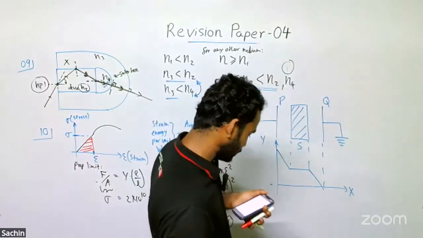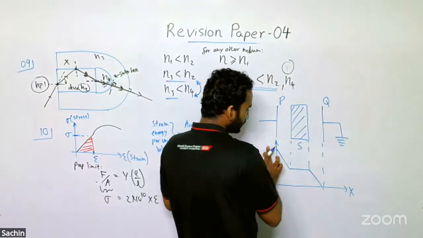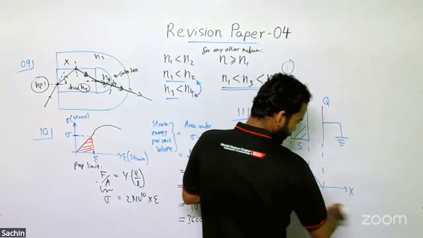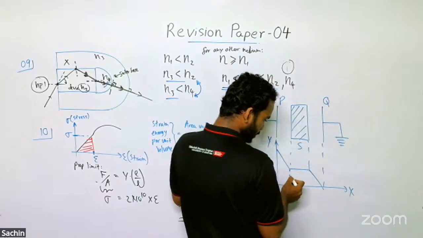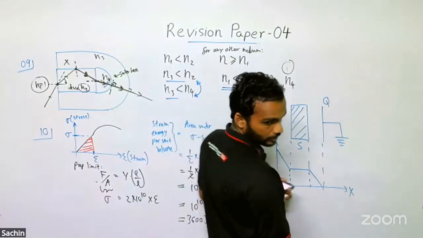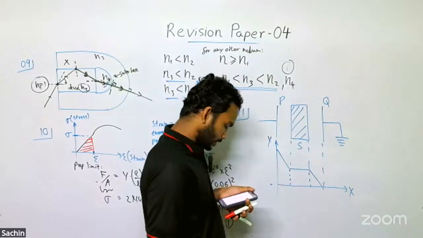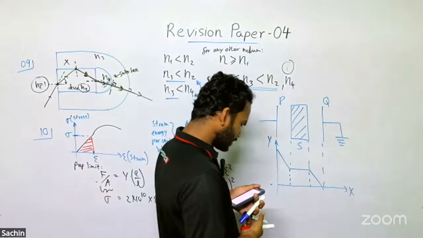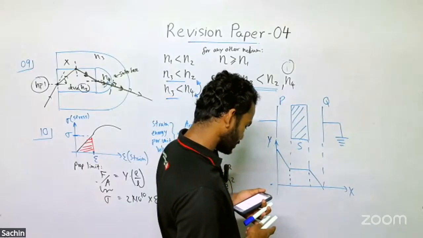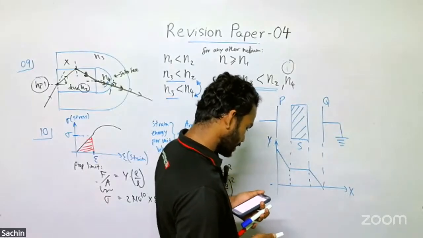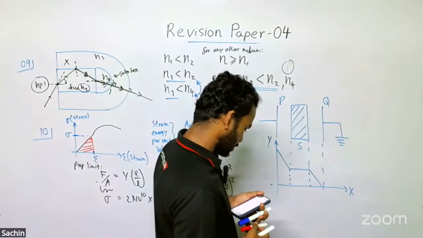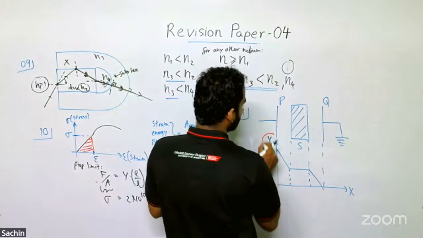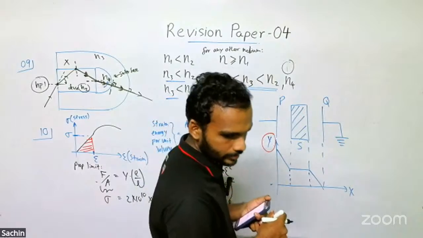So they have given how the value of quantity Y changes with the distance X, according to the behavior shown in this graph. They are trying to predict about the material of S, whether it is an insulator or a conductor, and also what this quantity is.